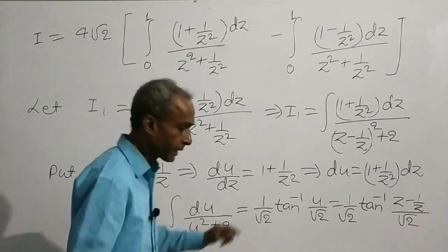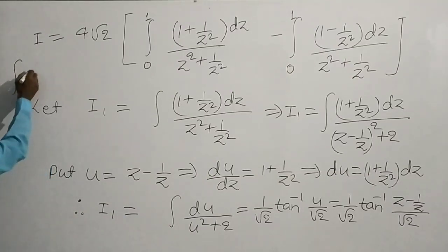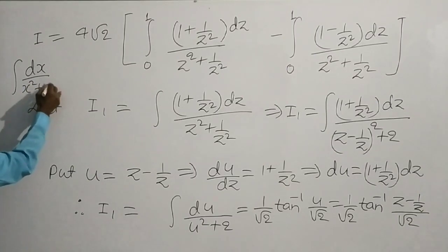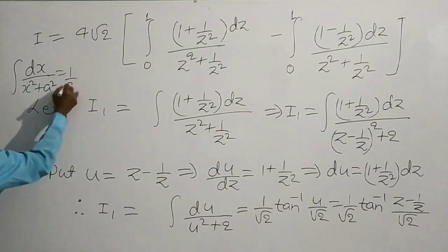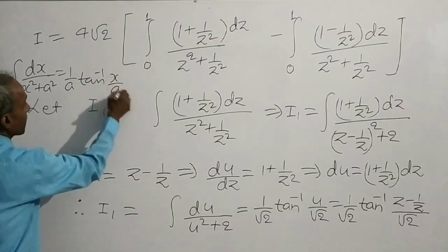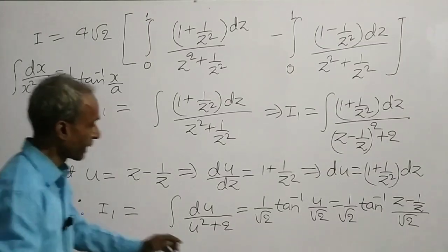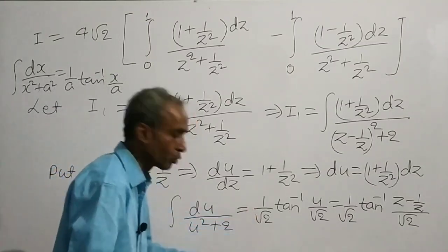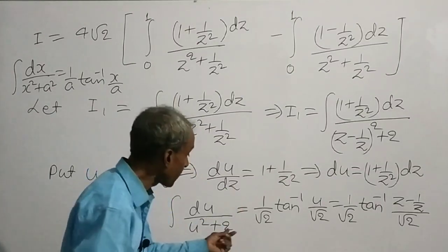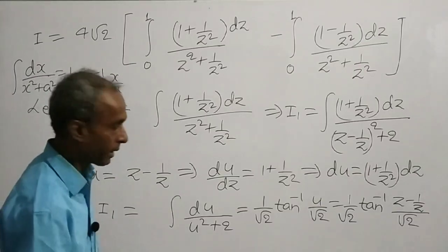Now, there is a formula that integration dx by x square plus a square is equal to 1 by a tan inverse x by a. By applying this formula, we can write 1 by root 2. We can assume 2 as a square of root 2 and then we apply this formula.